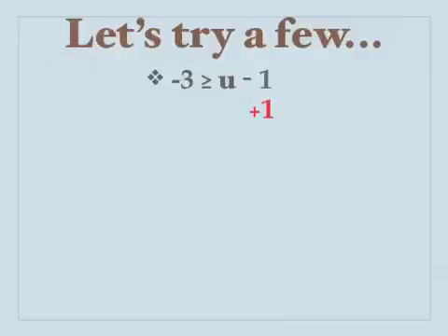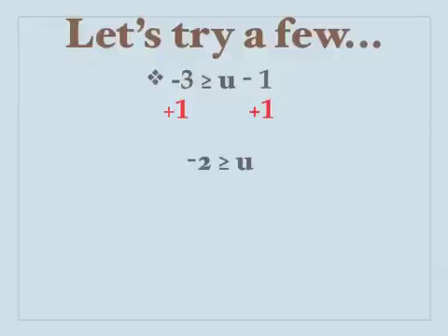If I add 1 to one side of the inequality, I have to add 1 to the other side of the inequality sign also. On the right side, -1 plus 1 cancel out, so you're just left with u. And on the left side, you have -3 plus 1. Well, with -3 plus 1, you have different signs again, so you subtract the numbers, keep the sign of the bigger number, and you get -2 is greater than or equal to u.